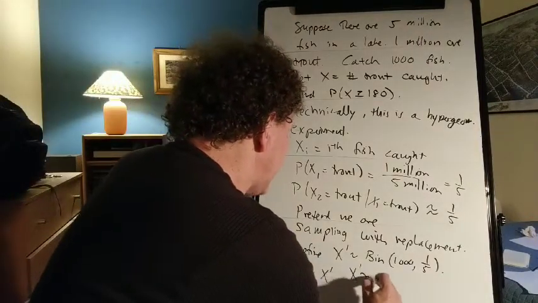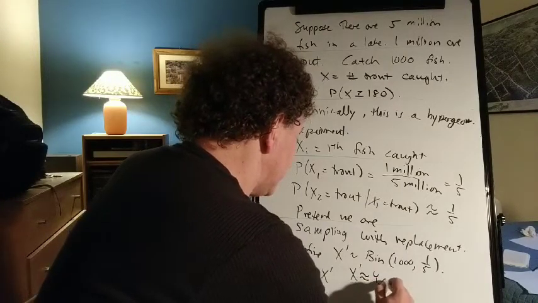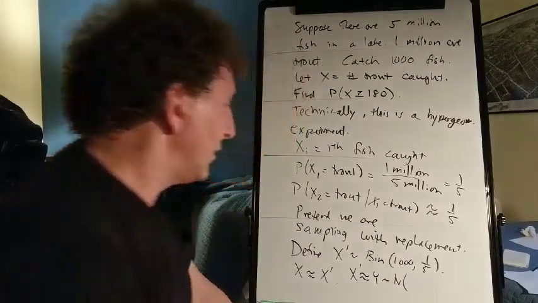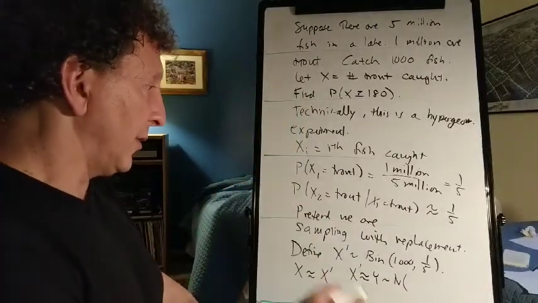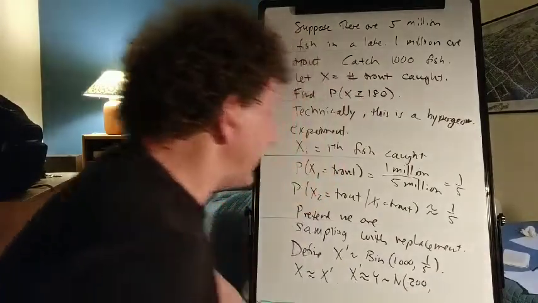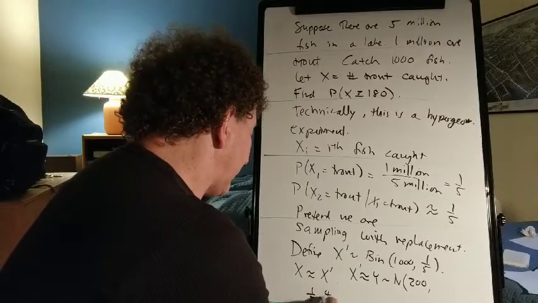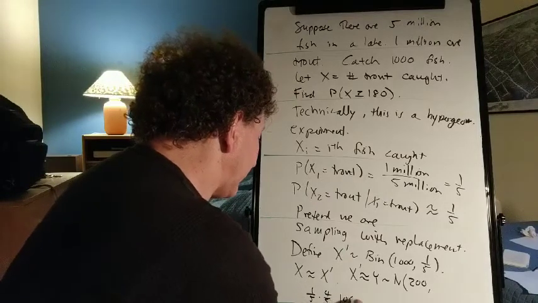And then x prime is approximately a normal random variable with mean 1/5 of 1,000, which is 200, and variance 1/5 times 4/5 times 1,000.